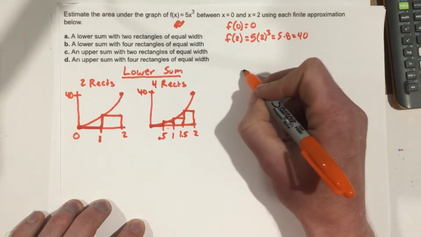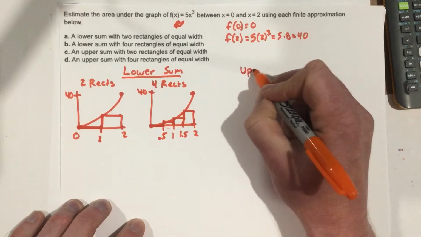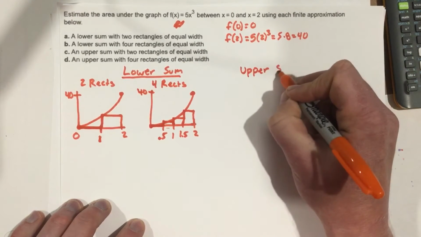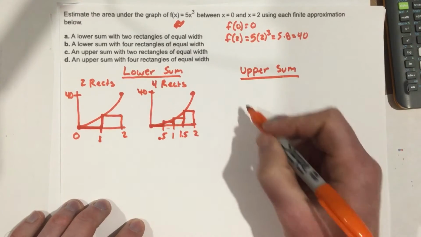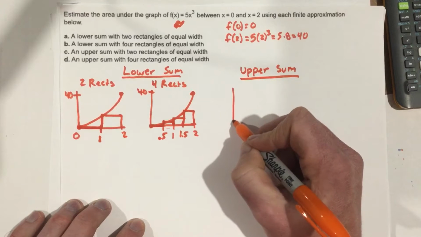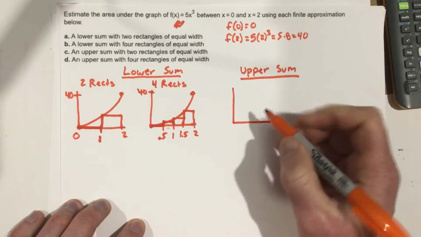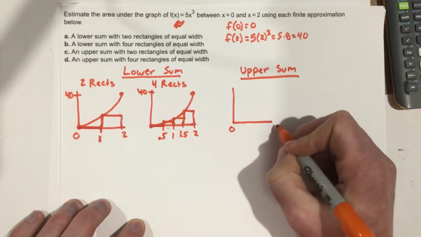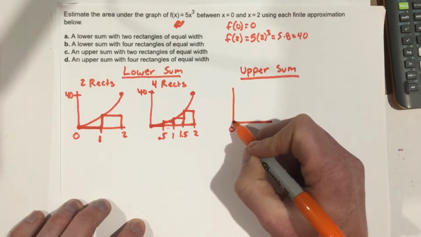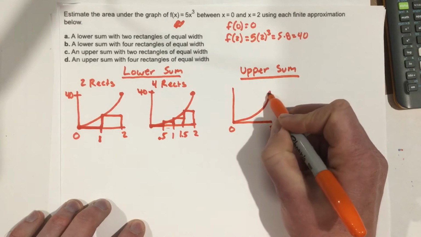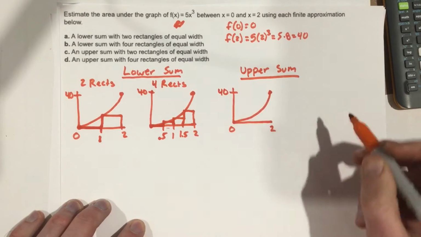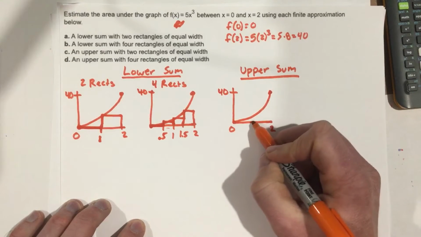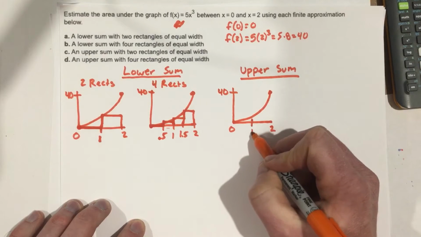Let's look at the upper sums then. Same graph each time. We've got 0, we've got 2. We draw this quadratic looking function here. This is 40. But now we're doing an upper sum. So we're splitting the width again into 2 rectangles.